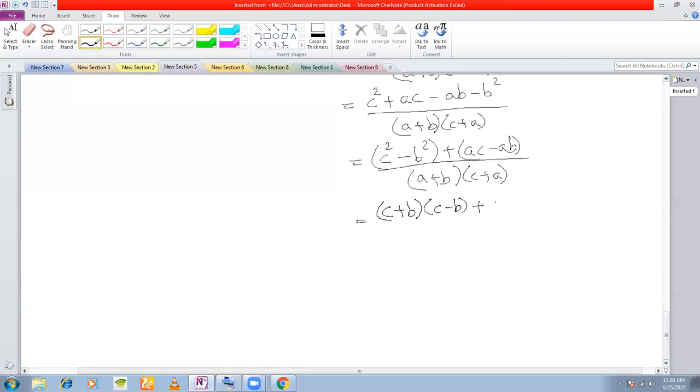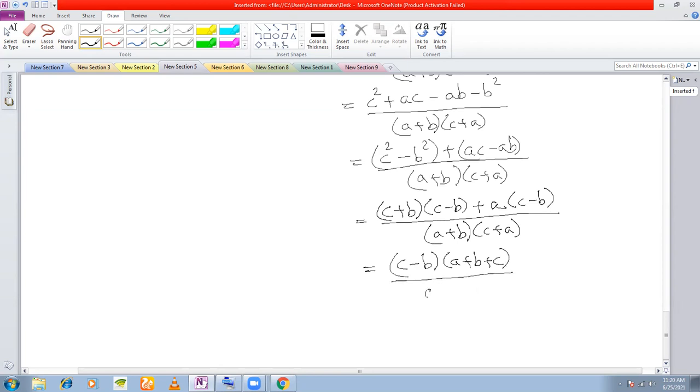Now from AC and AB, I can take A out to get C minus B, divided by A plus B into C plus A. So from these two, I can take C minus B out and I'm left with A plus B plus C divided by A plus B into C plus A.